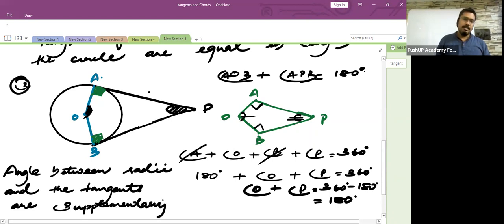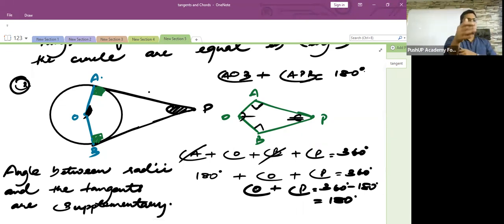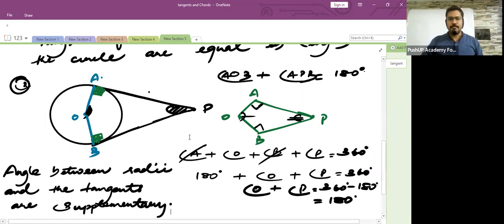Angle between the radii and the tangents are supplementary. Am I right, children? Angle between the radii, what is it? Angle AOB. Angle between the tangents, what is it? Angle APB. And both these angles are supplementary. That means if you take the sum of these two angles, it will be 180 degrees. Learn the third property. Now, let's learn the fourth property.